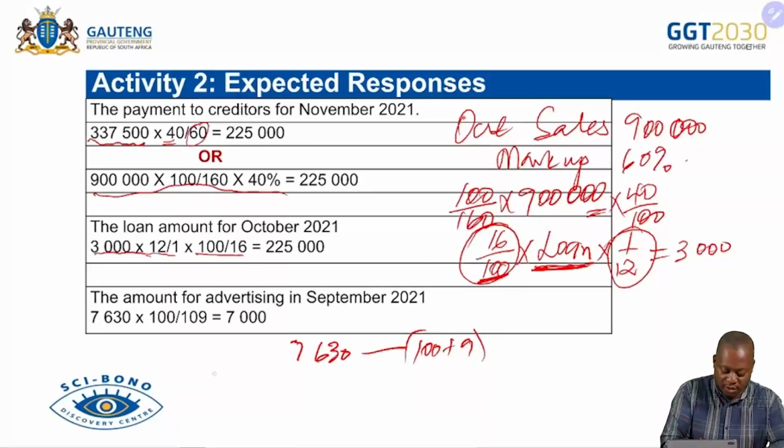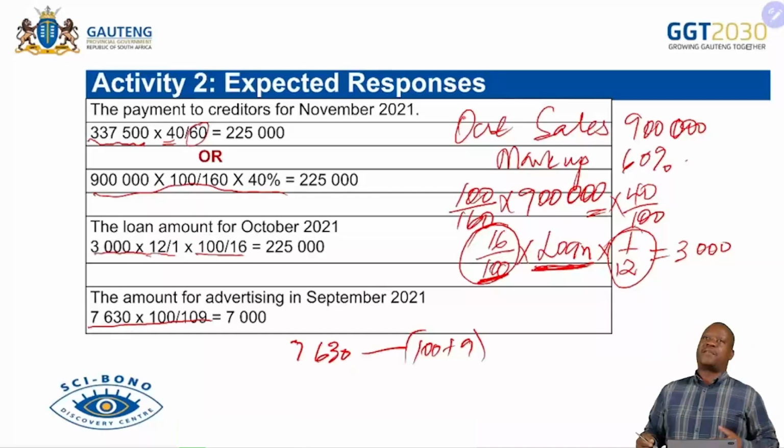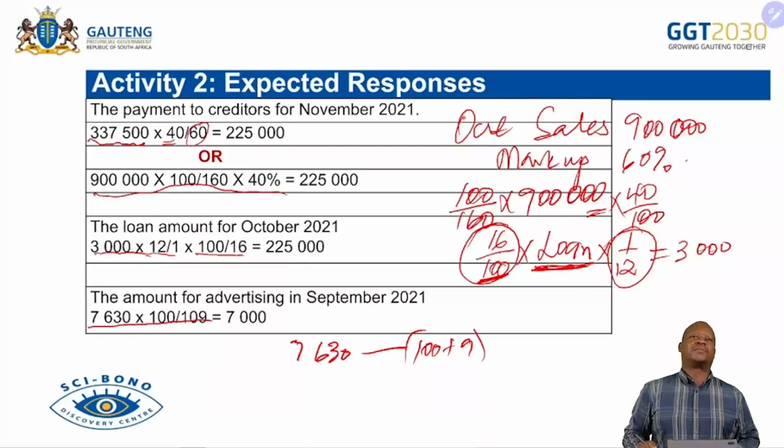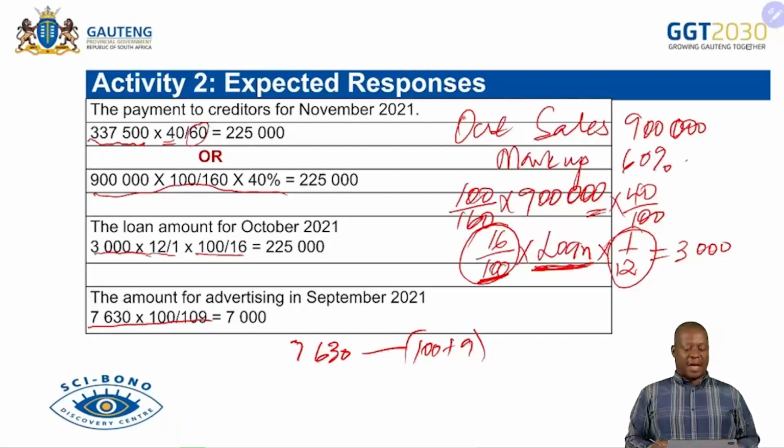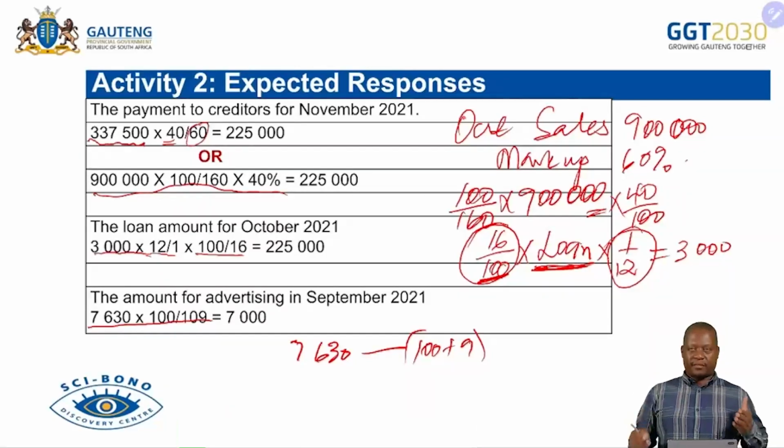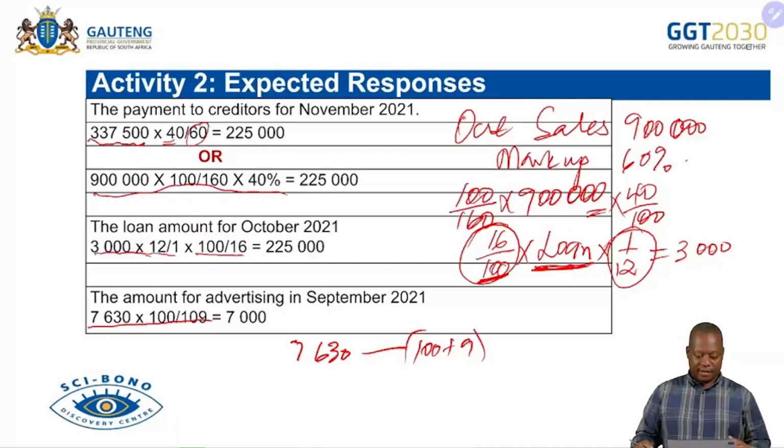So there it goes. 100 over 109 multiplied by 7,630. And it gives us 7,000. So before the increase, it was 7,000. After the 9% increase, it becomes 7,630. There we are. I think we are still okay. Still happy.